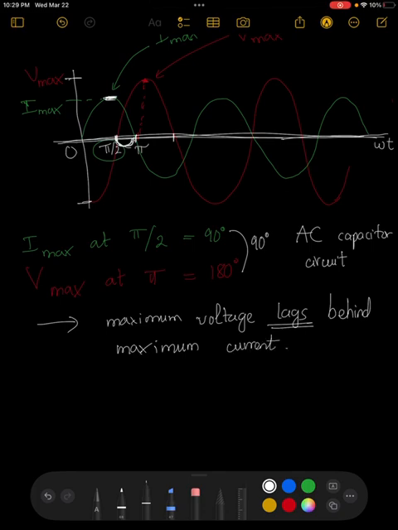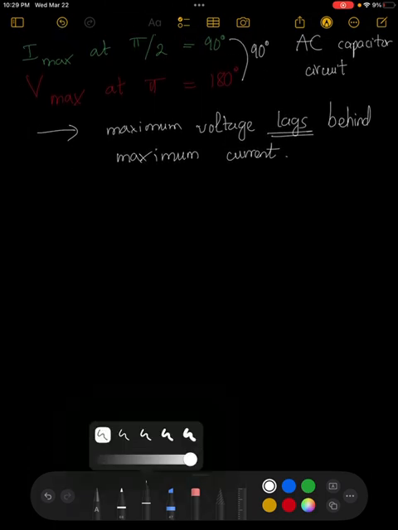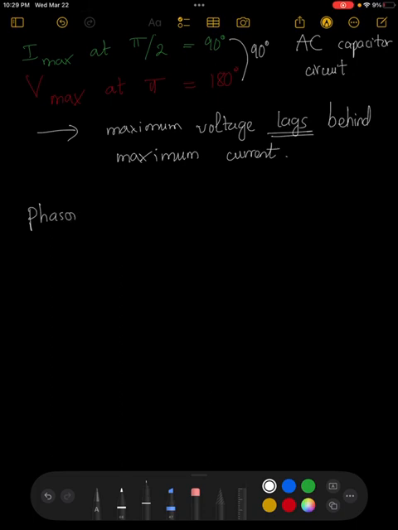So based on that, we can actually draw a phasor diagram for the capacitor circuit. So this is how we draw it. We have the XY axis.